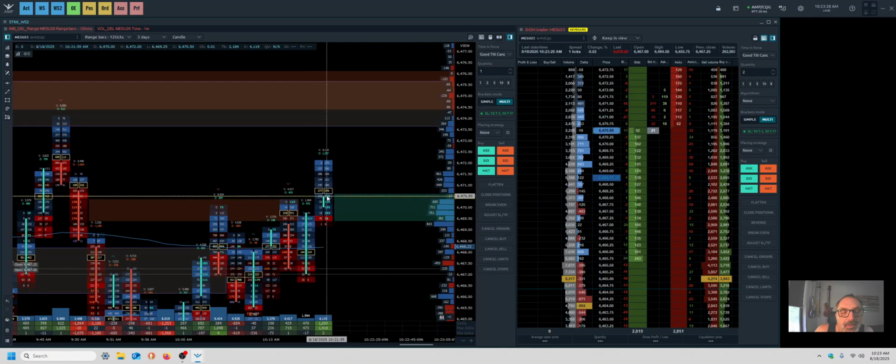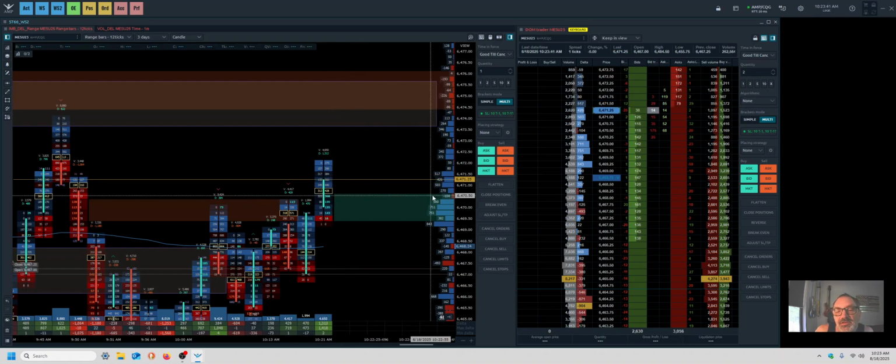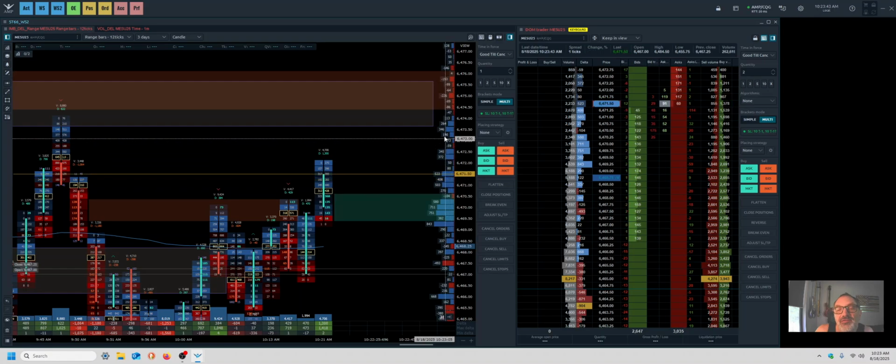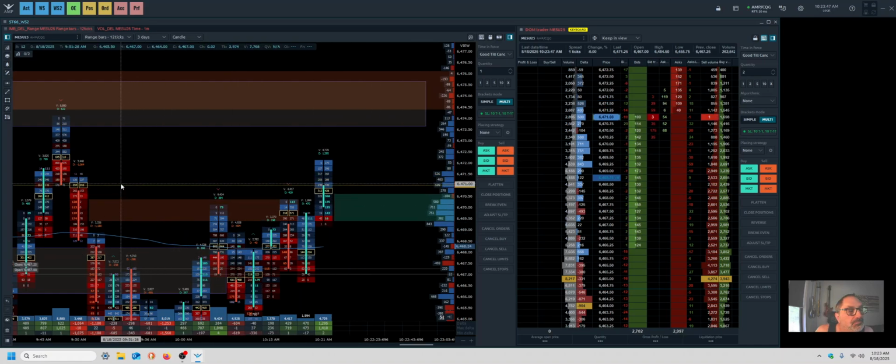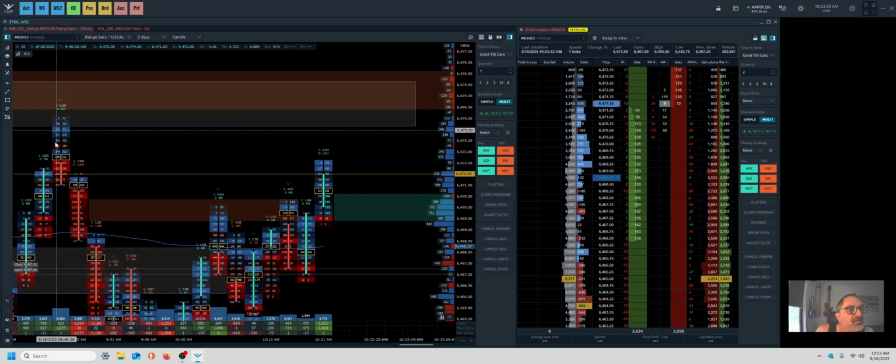So there may be a big buyer just sitting here. See, this is becoming big, but we're not actually getting any lower. So if we come down to 470.75, that could be a good long. Take a look to the left. These are all positive deltas. You had some sellers come in here.